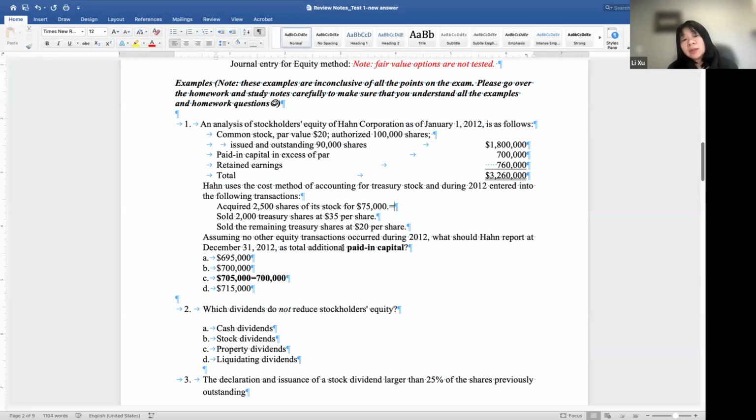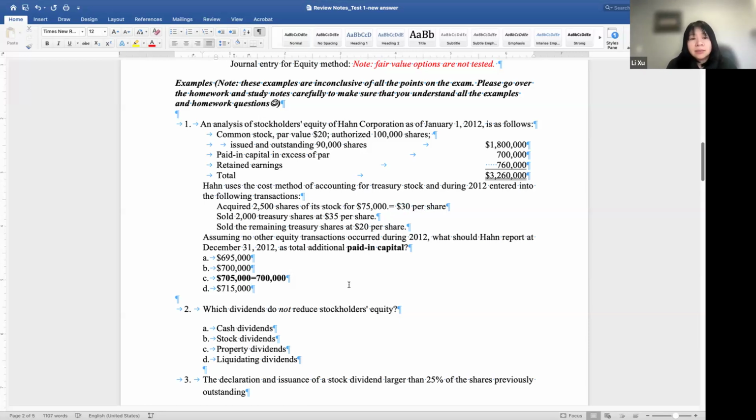I would say no, because if you think about the journal entry, you buy treasury stock, so you debit treasury stock, you credit cash, and I don't see paid-in capital in that journal entry. But in this transaction, we know how much you paid per share, and you paid $30 per share. Just do this quick calculation, right?